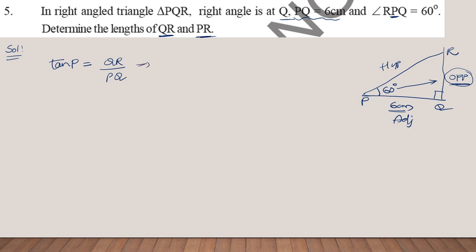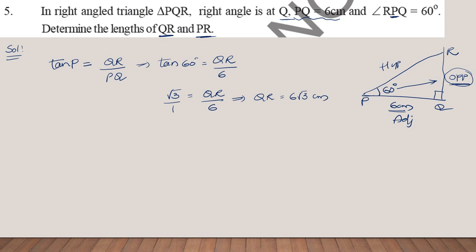Now from this directly I am going to write tan 60 degrees is equal to QR by PQ. So what is PQ here? 6. So what is the value of tan 60 degrees? It is root 3. So root 3 is equal to QR by 6. So on doing cross multiplication, QR is equal to 6 root 3 centimeters.